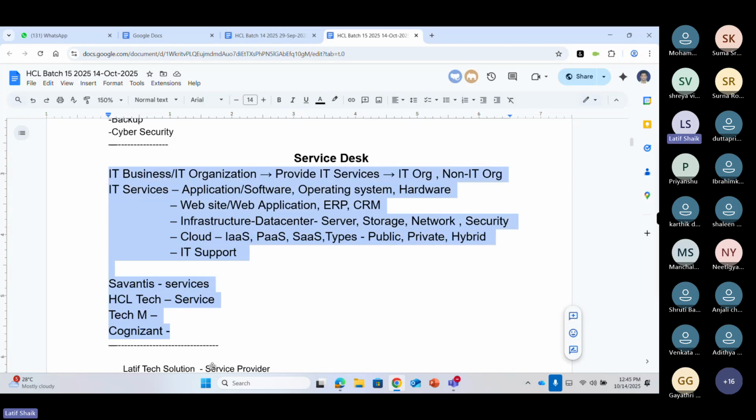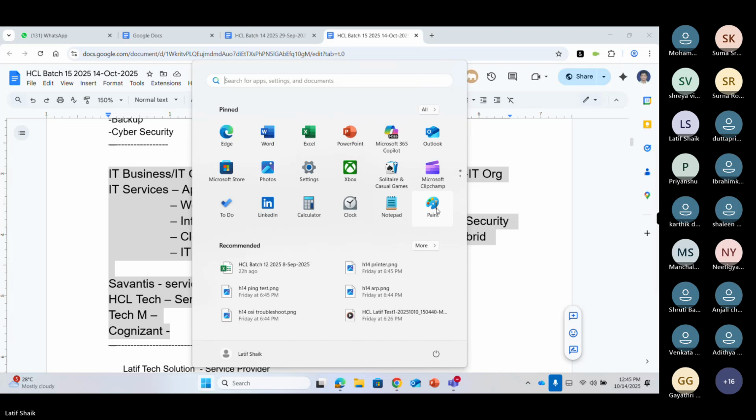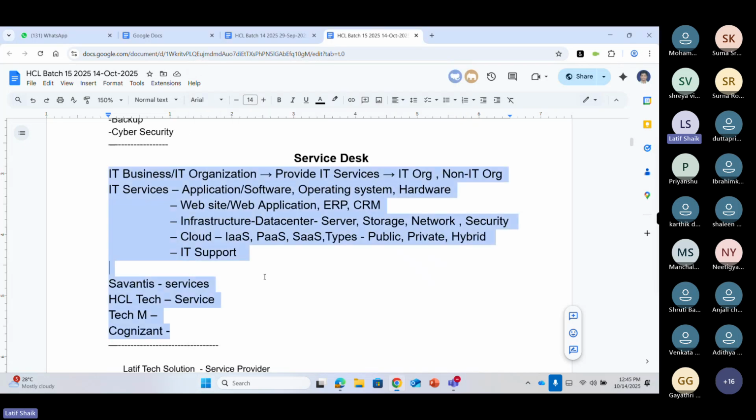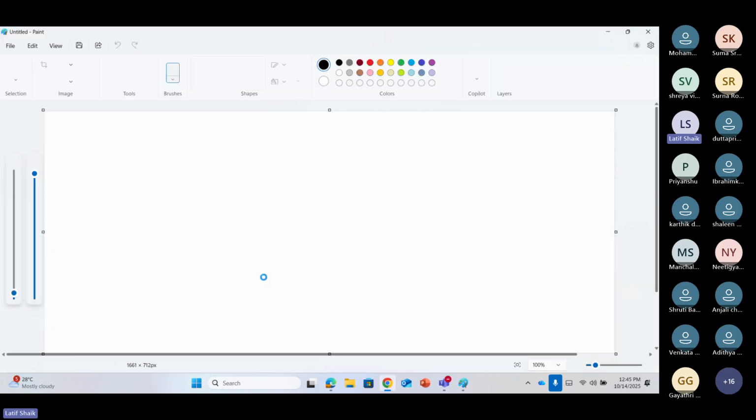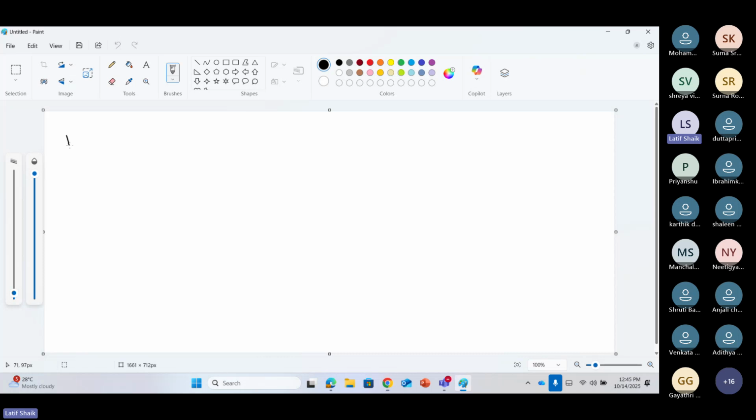Okay, what is this? IT companies, IT organizations. You know the IT company, right? IT organizations, IT businesses. An organization, for example, you take Tata, it's an enterprise actually, a big organization.